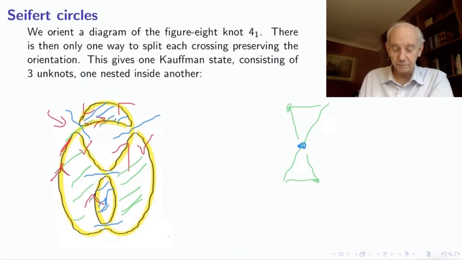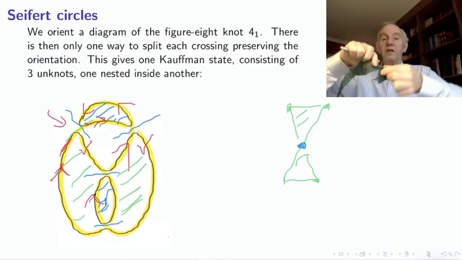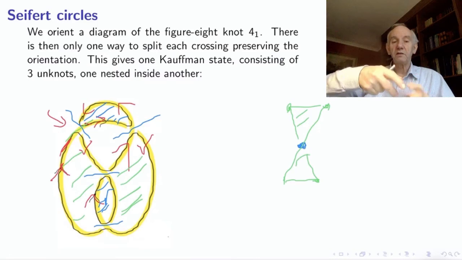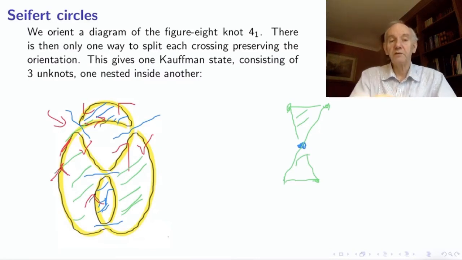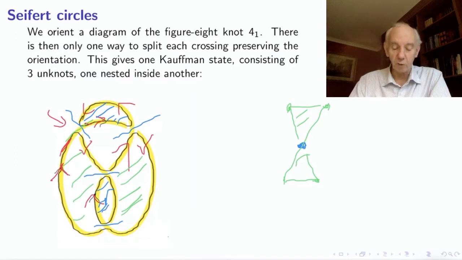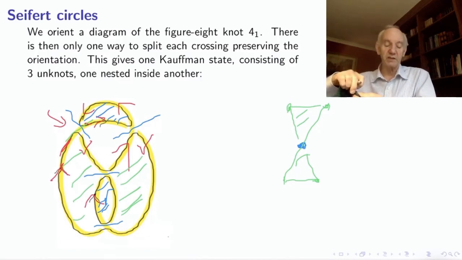This is the twisted ribbon, just like my tie here. I've just twisted it and put it in, but the twist has to reflect the nature of the crossing. Whether it's over or under, you have to do the twist in the correct way, because you want a surface whose boundary is the original knot. So I must reflect the crossings.